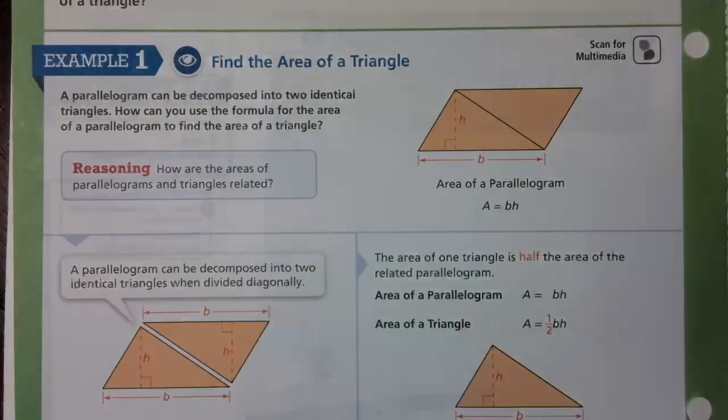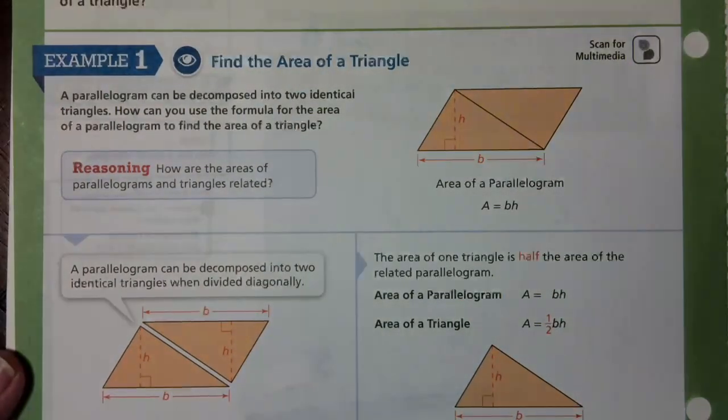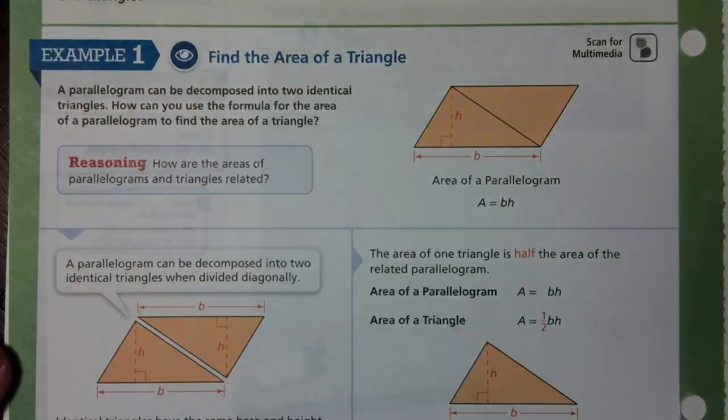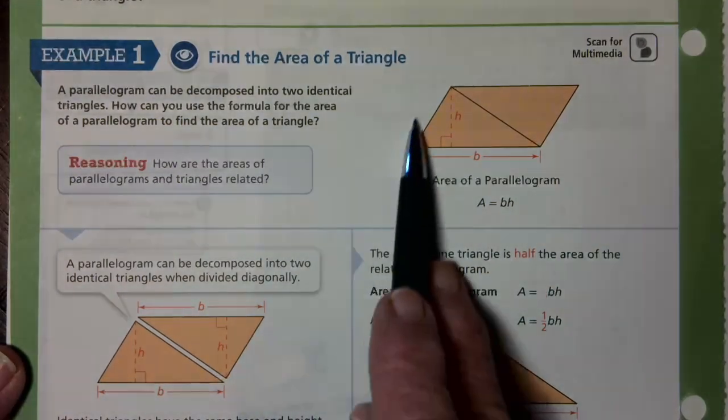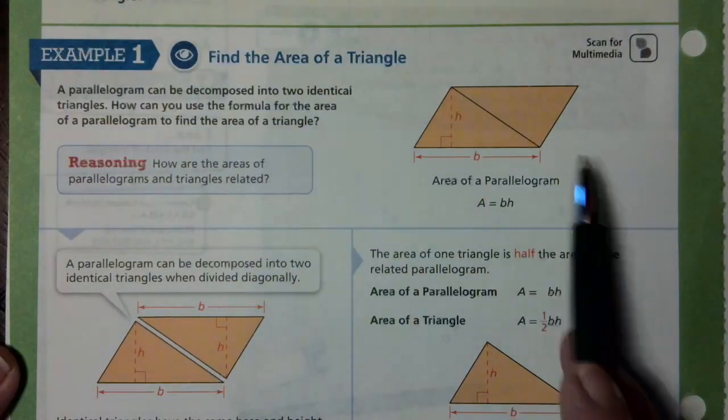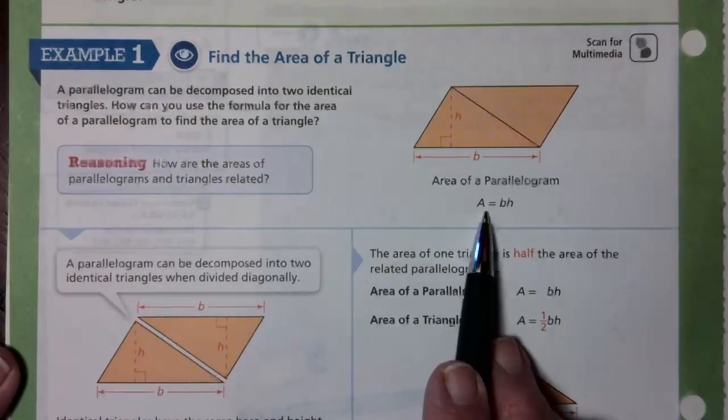The reason I feel like we can skip over that is because we've been finding the area of triangles on our Minute Math pages. We have already been using the formula for the area of a triangle, so that would be kind of backtracking. What you would be doing on the other side is taking a parallelogram and cutting it in half. The area of a parallelogram is base times height.